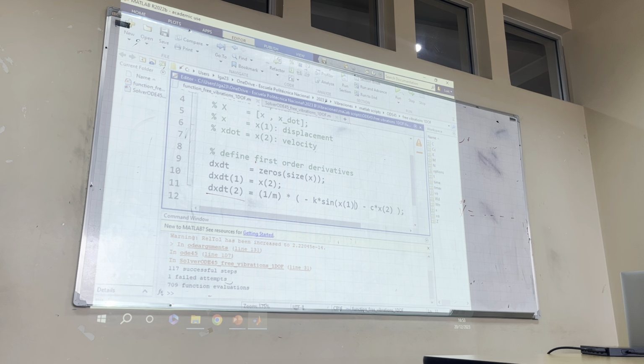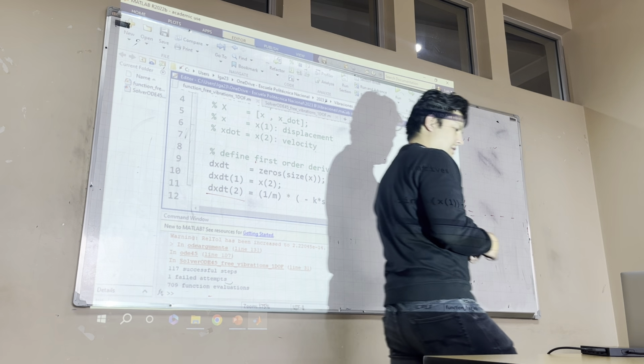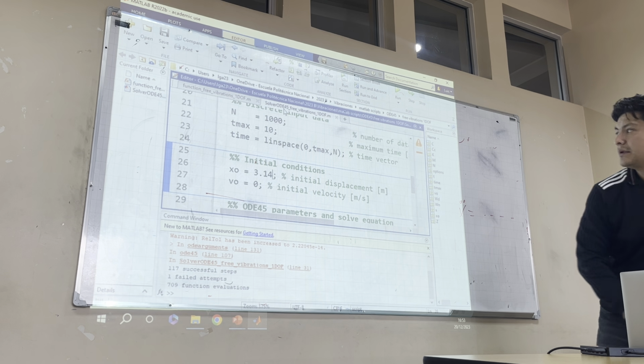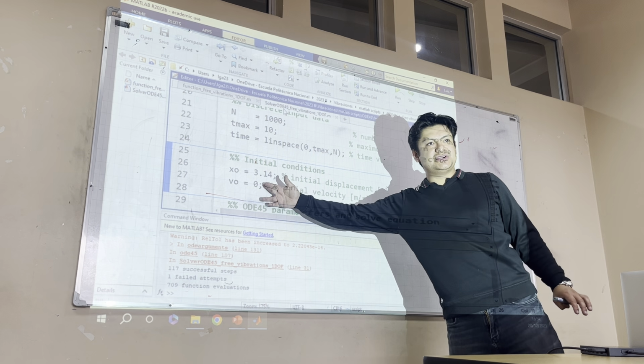Okay? Modify this and put values here for initial displacement or initial velocity.